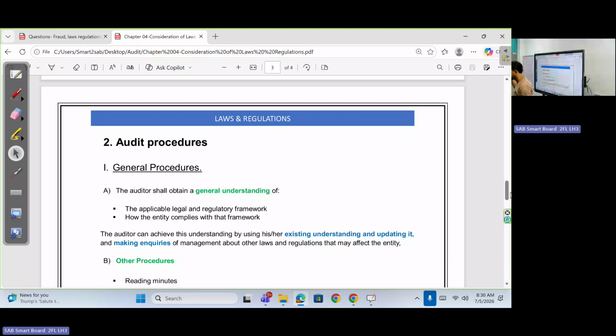Directly, certain non-compliances affect the financial statement directly. For example, income tax, which is related to the amount.